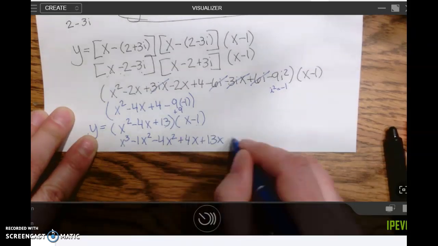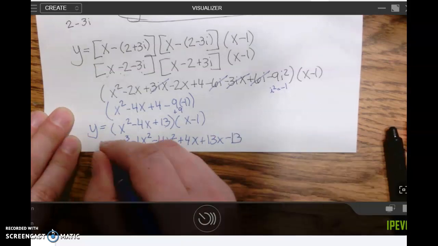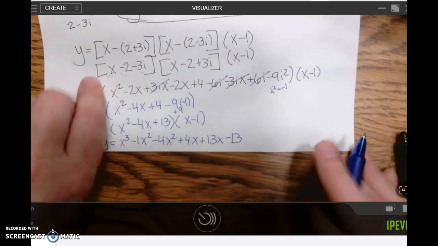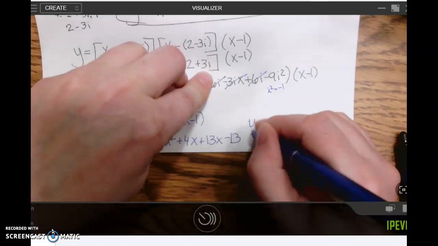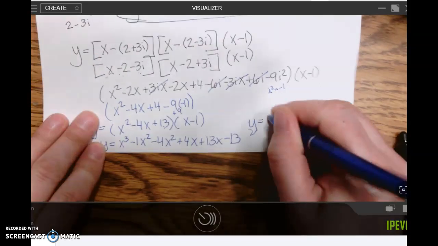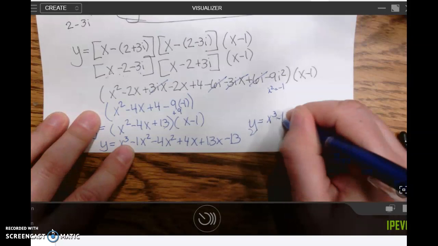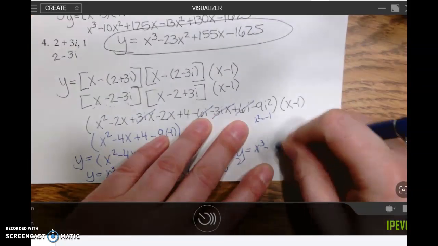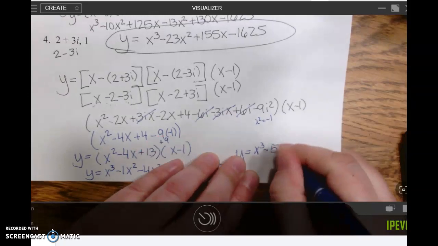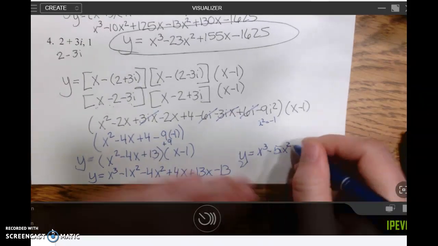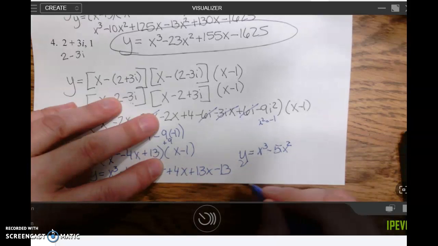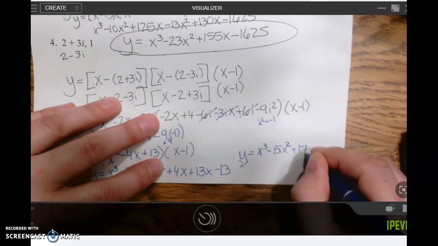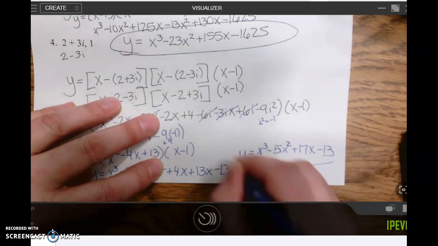And 13 times a negative 1 is a negative 13. So combining like terms, our final answer is y equals, and we have x cubed minus 5x squared plus 17x minus 13. There we go.